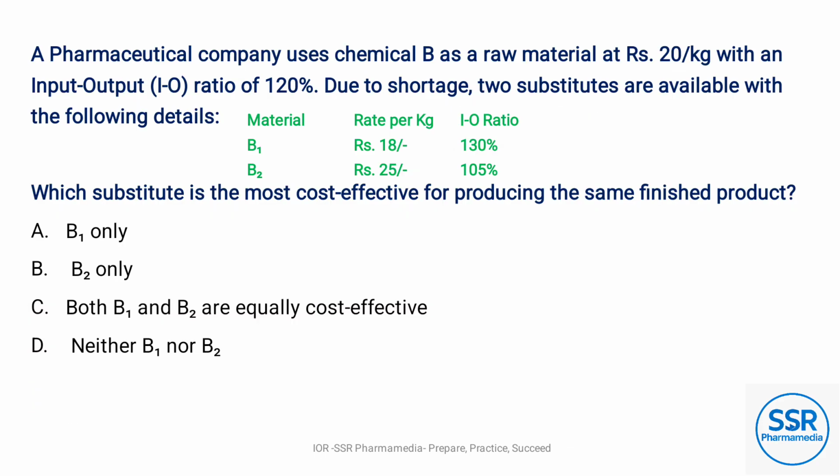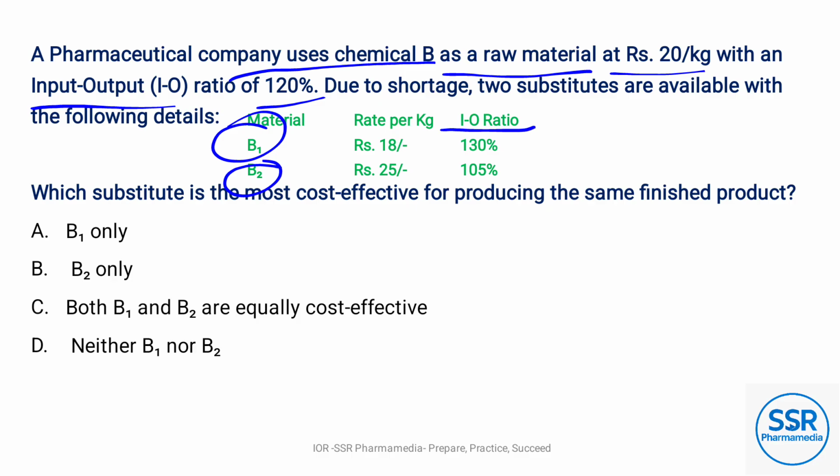See the next question. A pharmaceutical company uses chemical B as a raw material at a cost of 20 per kg with an input output ratio of 120. Due to shortage, two substitutes are available with the following details: B1, rate 18 rupees per kg, input output ratio 130%; B2, 25 rupees, input output ratio 105.